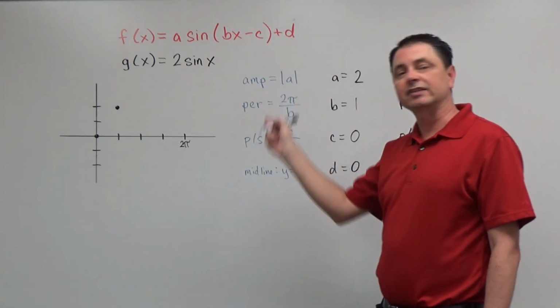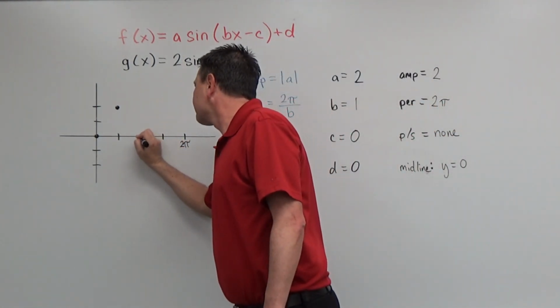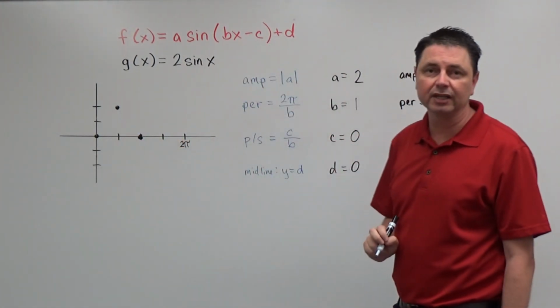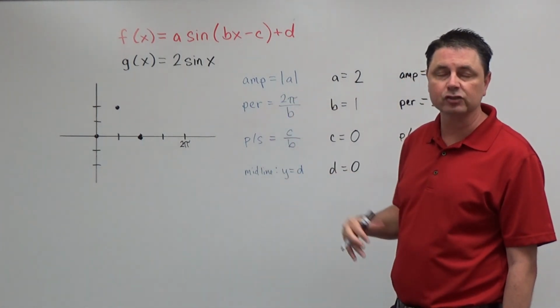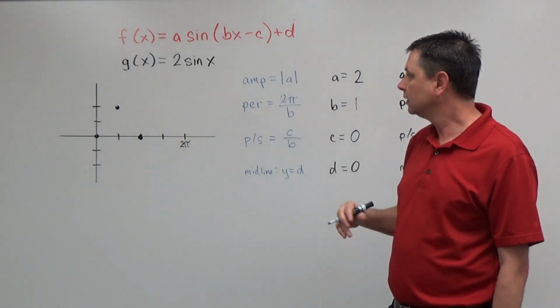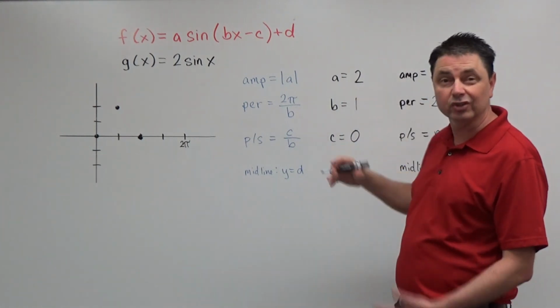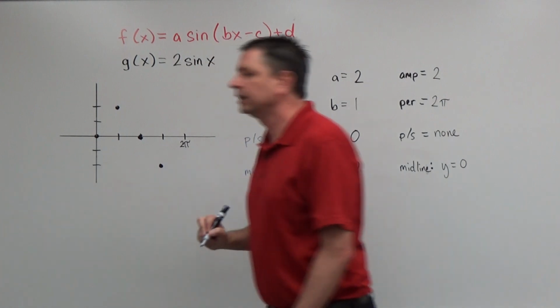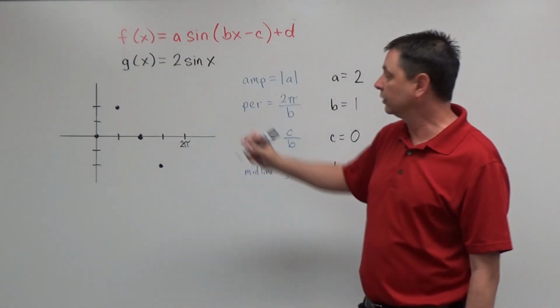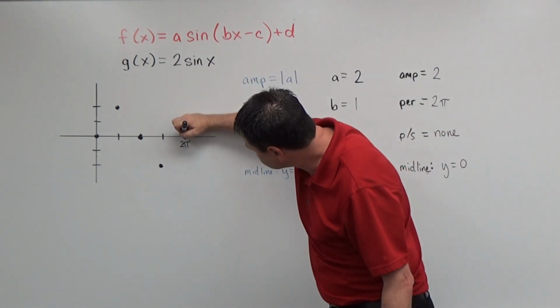And then the next key point is back on the midline. And then the next one would be below the x-axis or below the midline with an amplitude of 2. So that means 2 below. And then at the last one, we return to the midline.